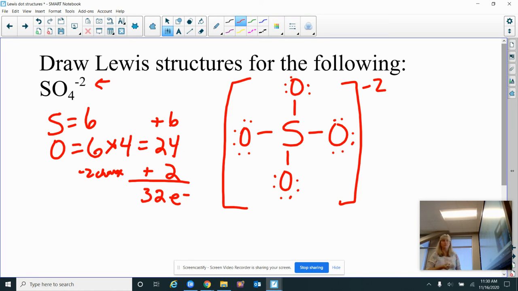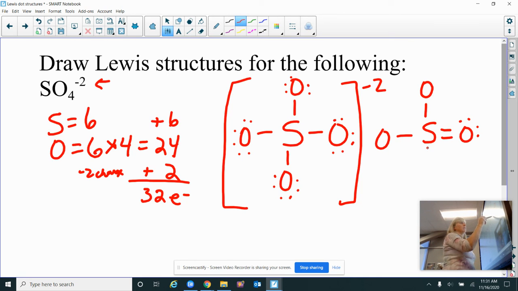But the thing about sulfur is it can have more than 8. So actually, while this is fine, and you could have stopped there, sulfur actually could have a double bond to one of the oxygens, and then you would only need 2 unshared pairs on that one, with the other 3 having single bonds.